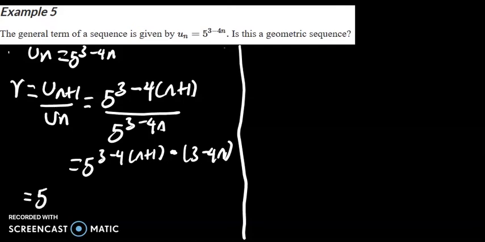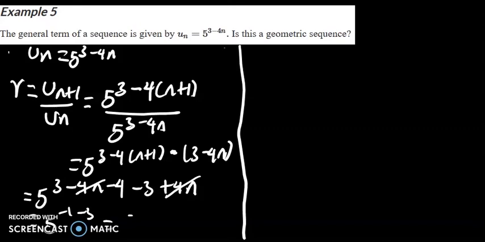So 3 minus 4n minus 4 minus 3 plus 4n. So that's 5 to the power of minus 4n plus 4n, that's 0, and 3 minus 4 minus 3, that is minus 4. So it is 5 to the power minus 4.